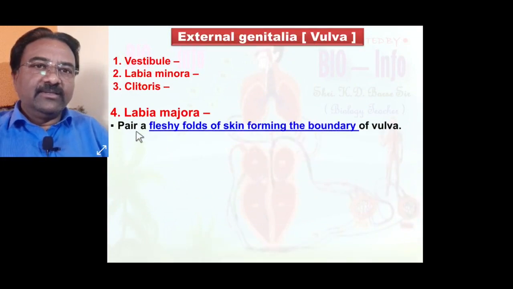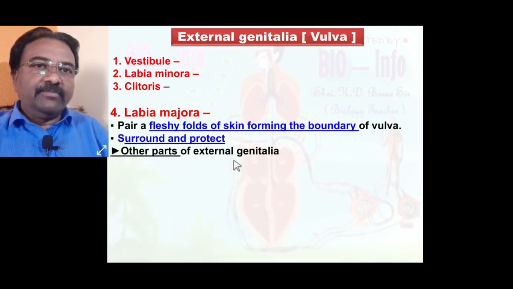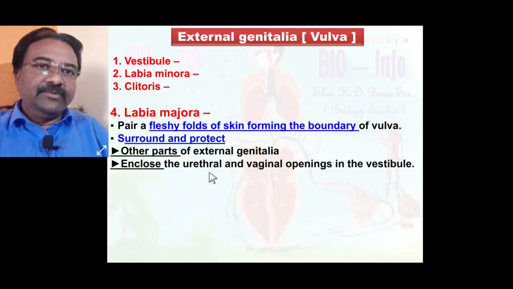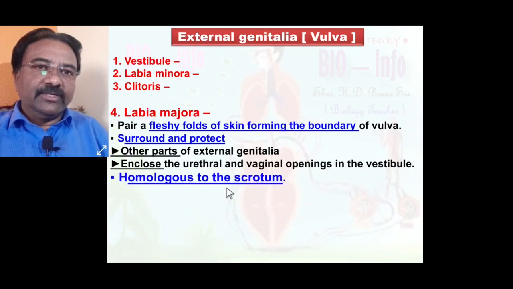It is also a pure fleshy fold of the skin forming the boundary of the vulva, surrounding and protecting other parts of external genitalia, enclosing the urethral and vaginal opening in the vestibule. So it is homologous to the scrotum.